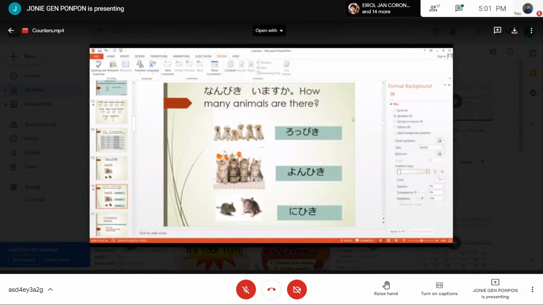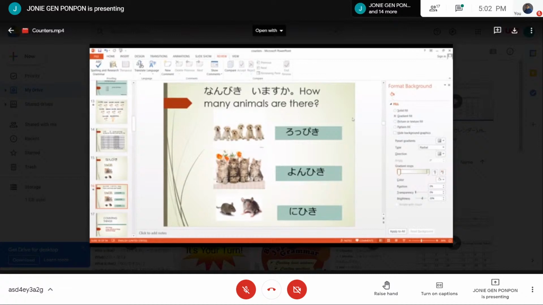Because imasu ka is a verb, an existential verb that means to exist. So there are 2 existential verbs kasi, the imasu ka and the arimasu ka. Imasu ka will be used for living things. If you say how many animals are there, how many people are there, you should use the imasu ka there.